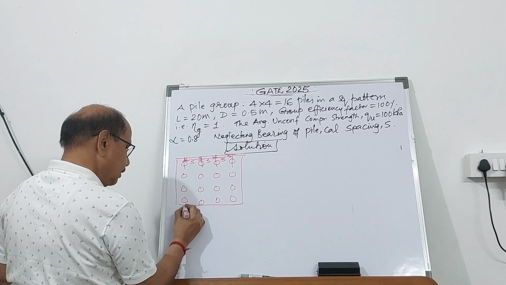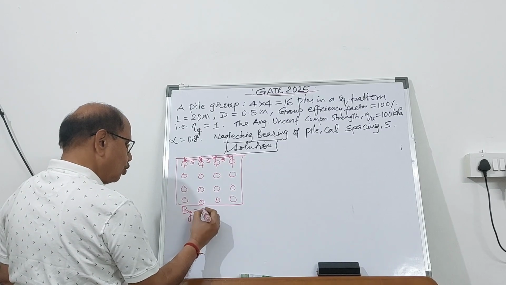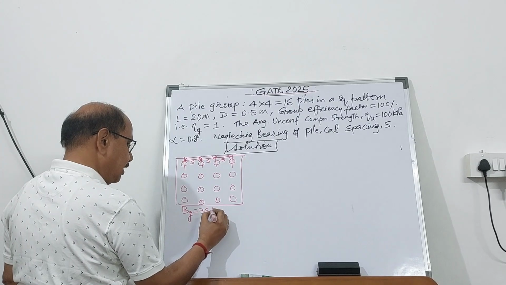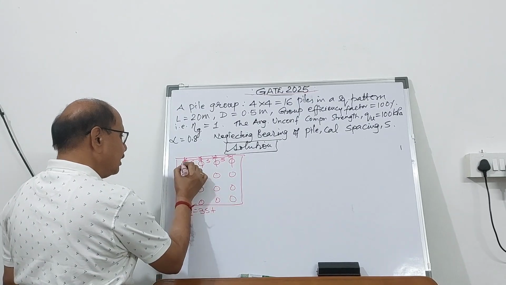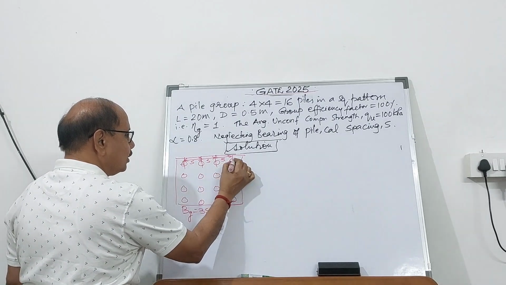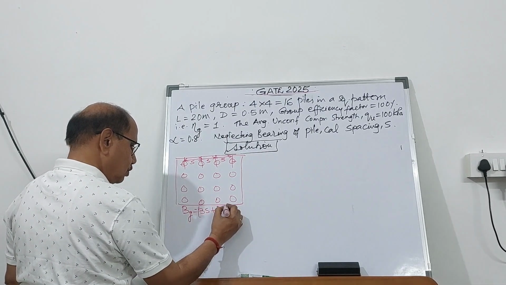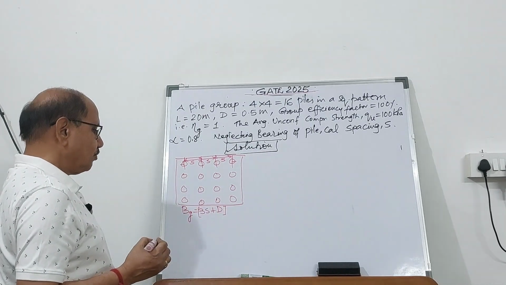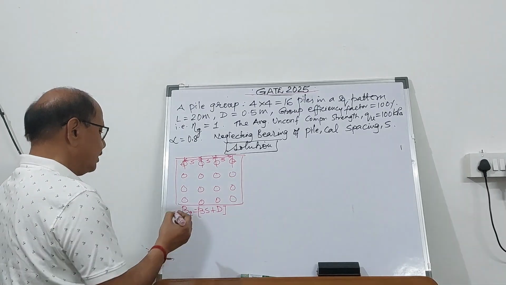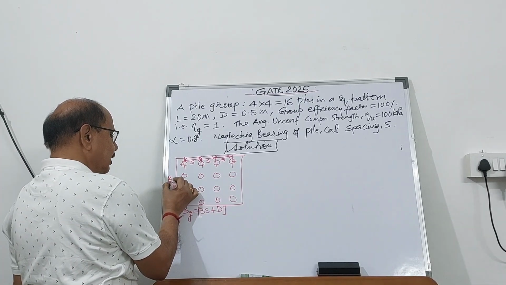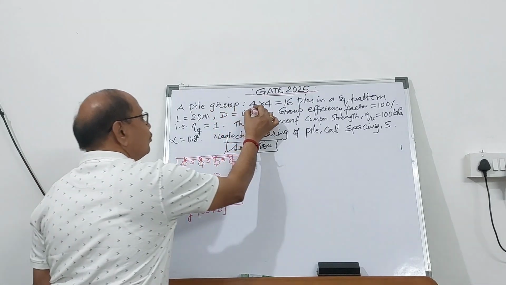So BG, the width of the group, is going to be 3 times spacing plus d by 2 on this side and d by 2 on this side, which becomes d. So 3s plus d is the width of the group. This is also BG because it is a square pattern, 4 by 4.